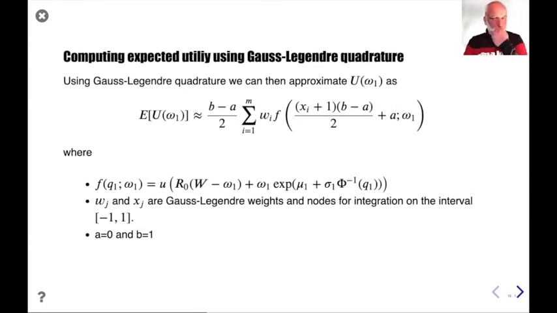How do you implement that? Well, now we're using the formula, and you can calculate the expectation of the utility for a given value of omega using this quadrature formula. We integrate from a to b, which is going to be 0 and 1, so it simplifies a little bit.